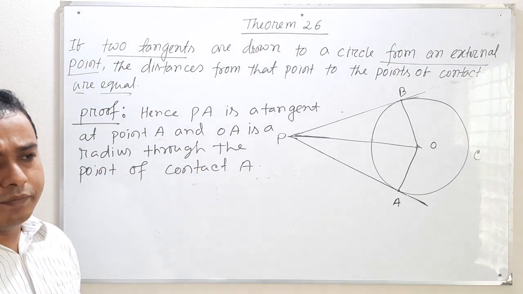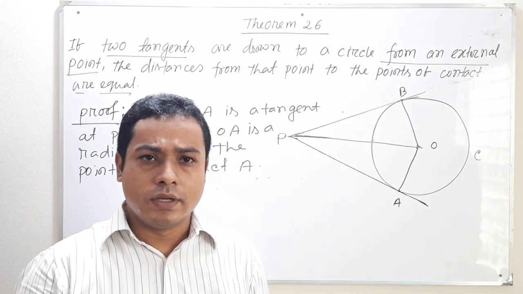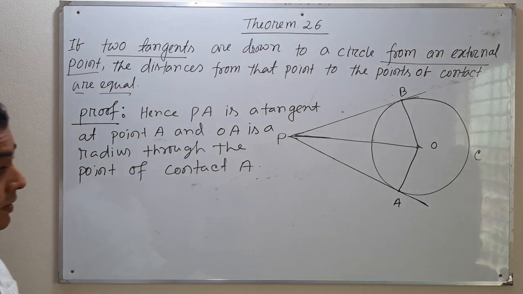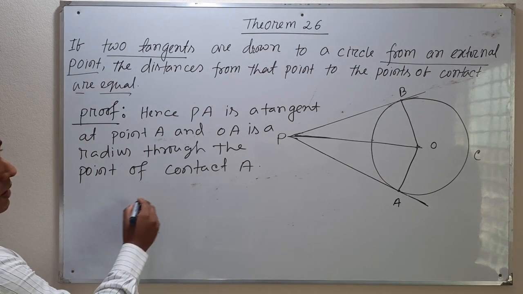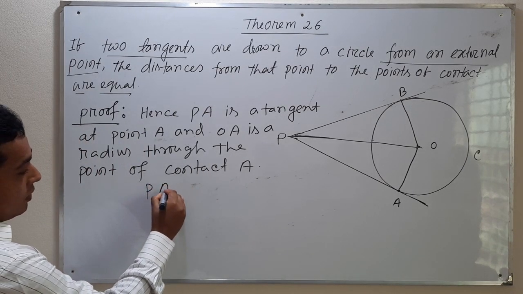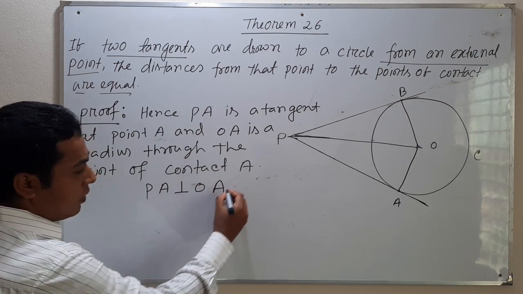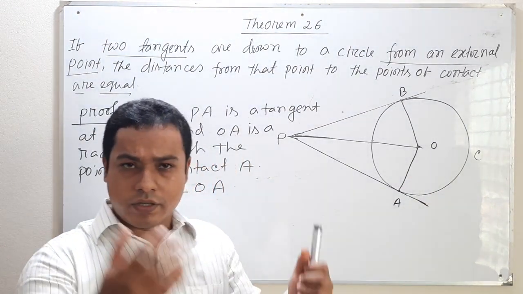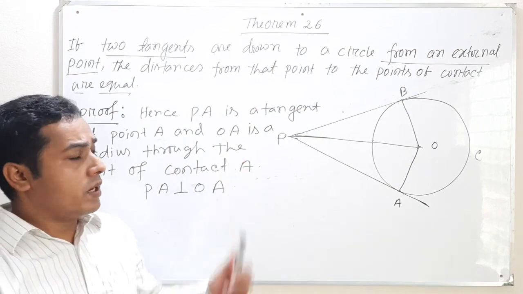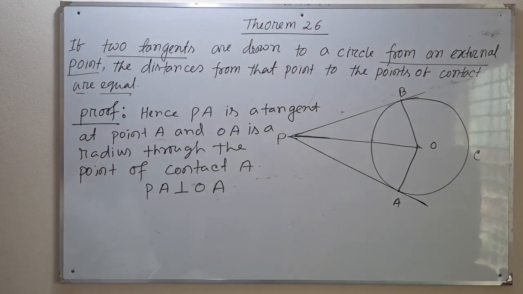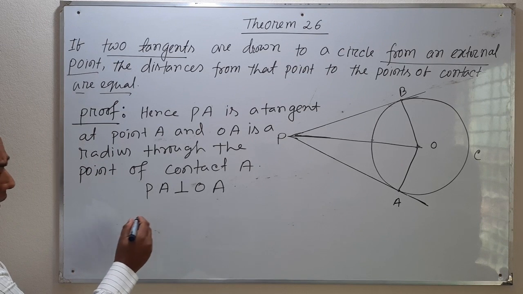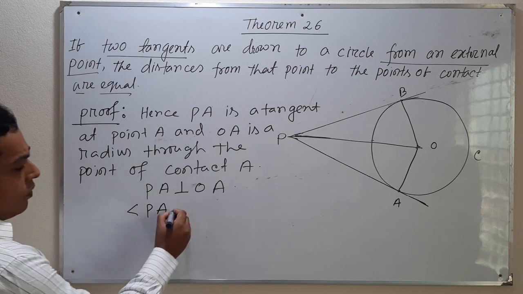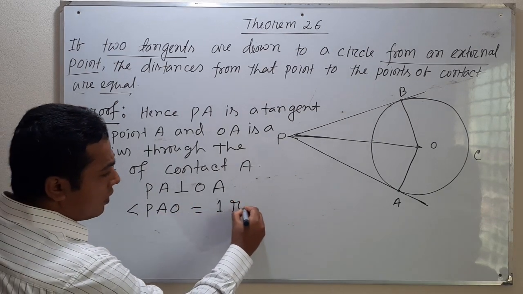According to our previous theorem, how can we write? PA is perpendicular to OA, according to our previous theorem 25. So angle PAO is equal to 1 right angle.